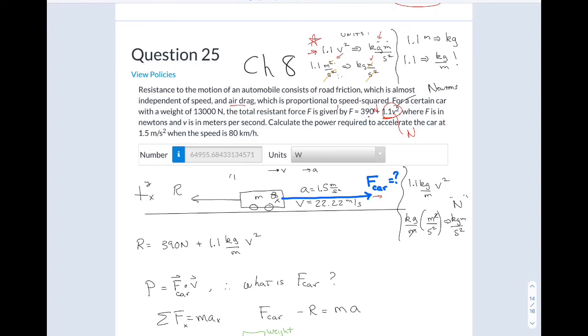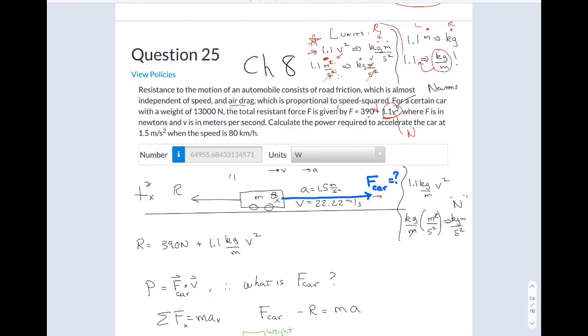Then I just rewrote this here and canceled things on both sides. I canceled one m with that exponent, and these exponents cancel. I'm left with an m here and a kilogram there. If I bring the m to the bottom, the only way the left can equal the right is if I have the unit kilogram per meter next to the 1.1.